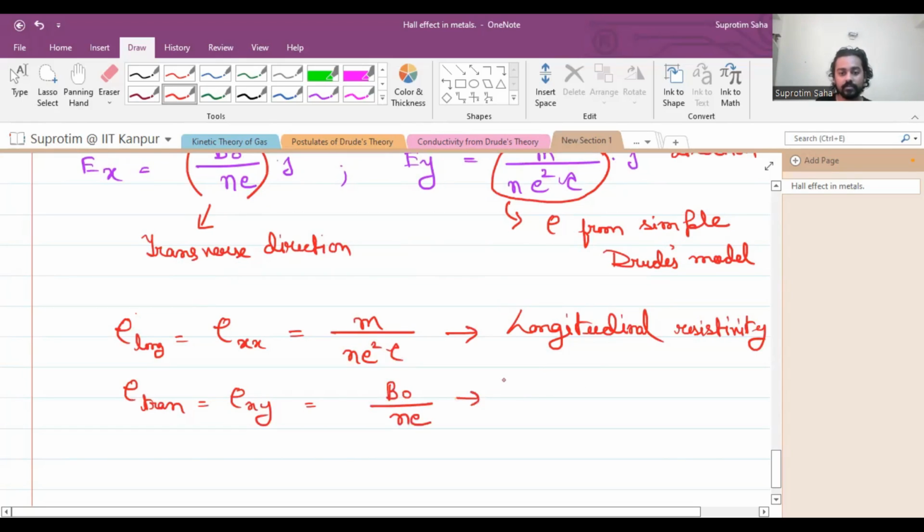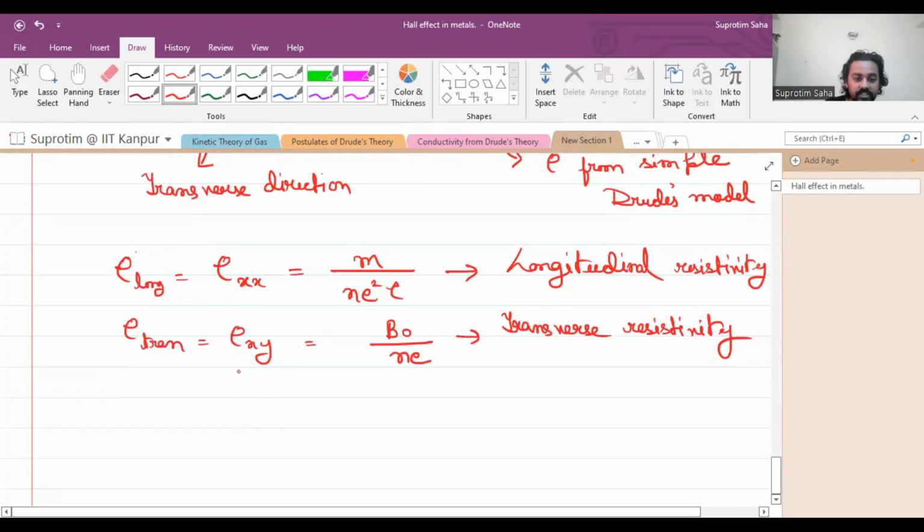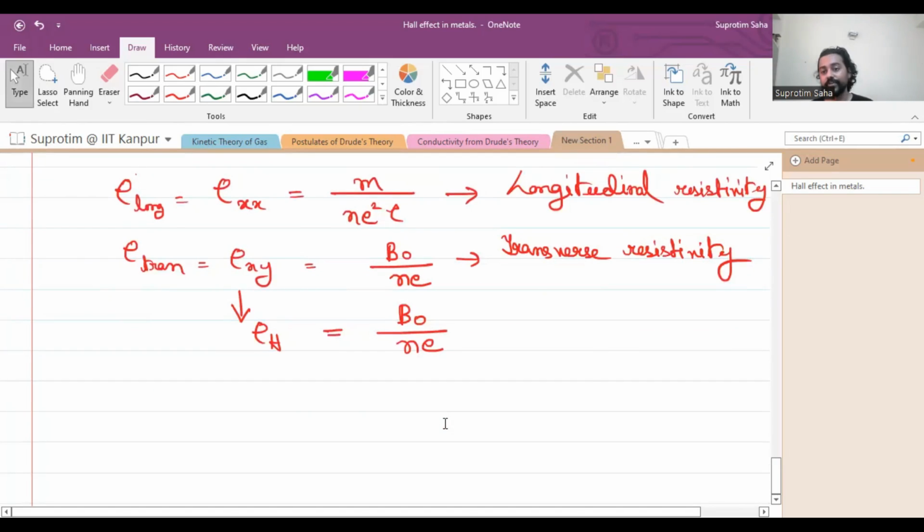This is transverse resistivity, which we call the Hall resistivity, the Hall resistance. So the longitudinal resistivity is the resistivity you get along the longitudinal direction, and the Hall resistivity or transverse resistivity you get along the transverse direction of the applied current or the electric field.